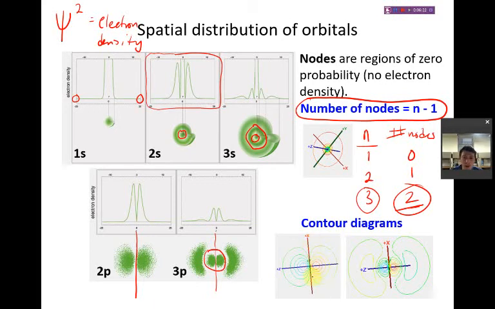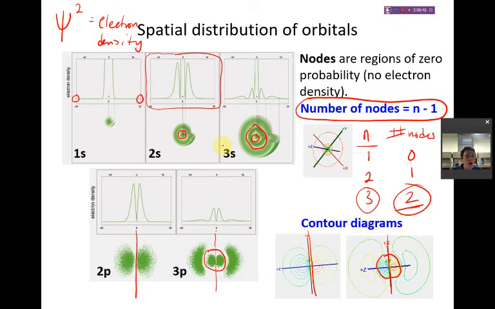These are contour diagrams. These are different ways of representing the orbitals. And so we have a planar node. In both cases, here it's indicated along the x-axis. And then there's also a radial node indicated here in the 3p-type orbital. And so we see that there are different ways to represent the orbitals.